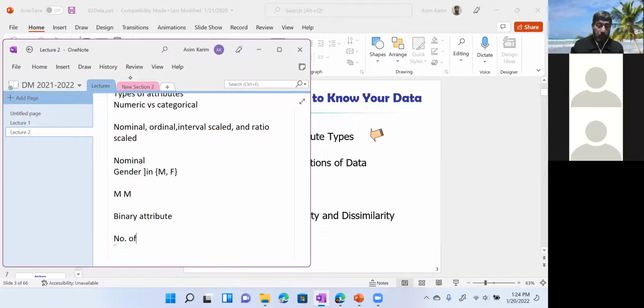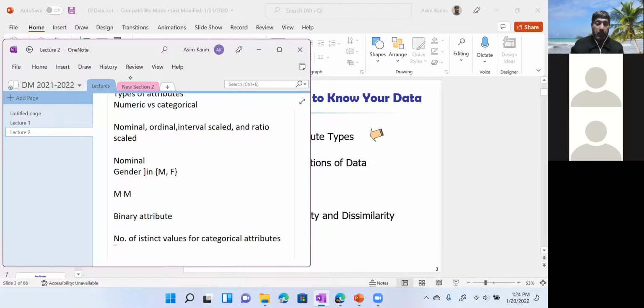So, the number of distinct values for categorical attributes. For example, gender, as I mentioned above, has two distinct values. Color, RGB, has three possible values.